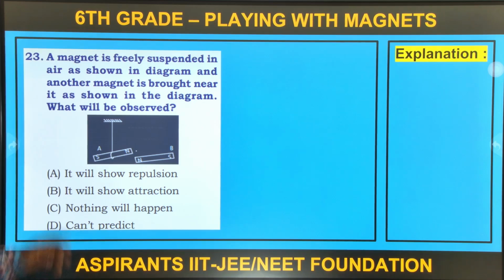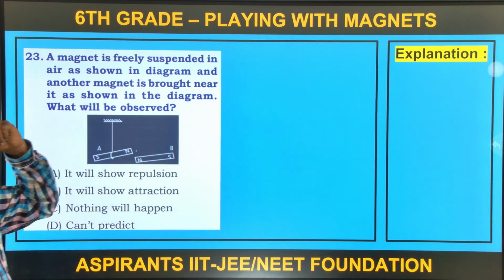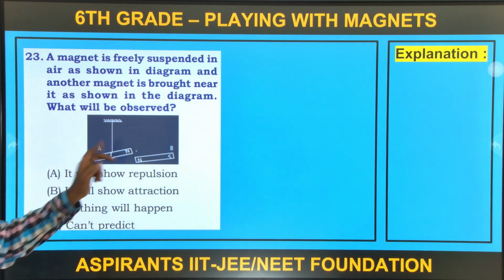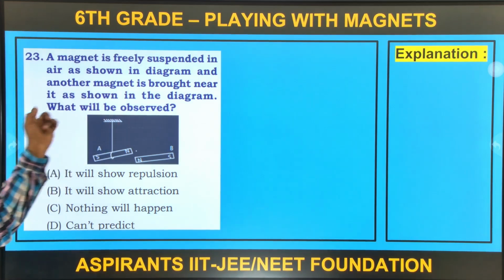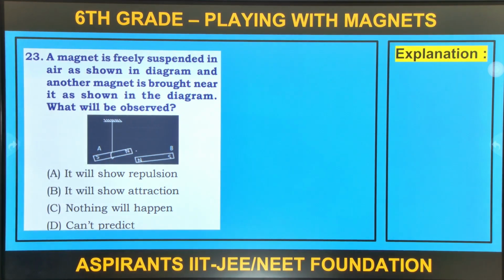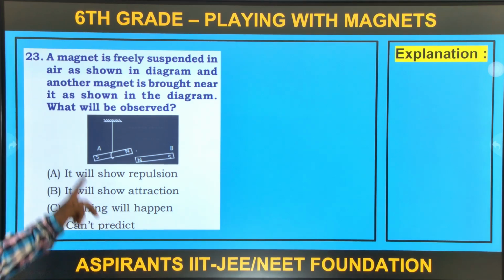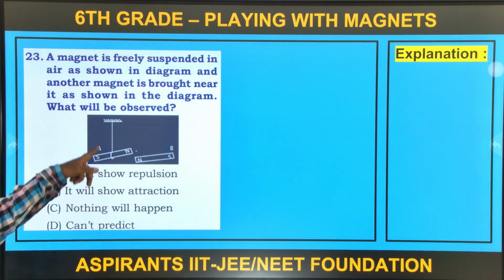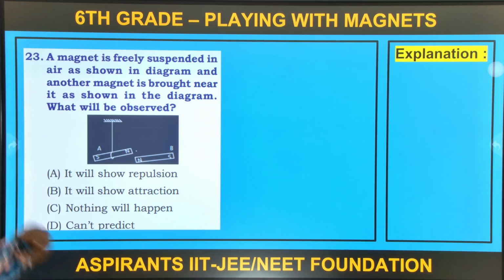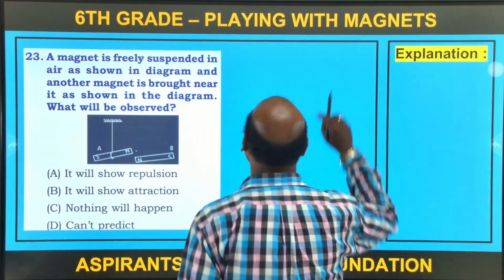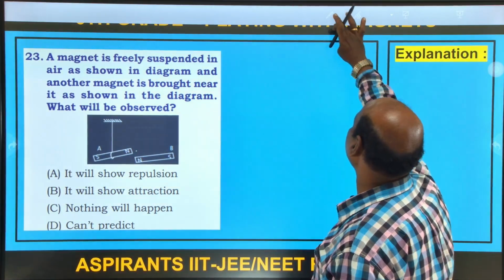Next, a magnet is freely suspended in air as shown in the diagram and another magnet is brought nearer to it as shown in the same diagram. What will be observed? Means what we will observe. So here if you observe, the magnet which is suspended has south and north and the magnet which is brought also has a south and north.